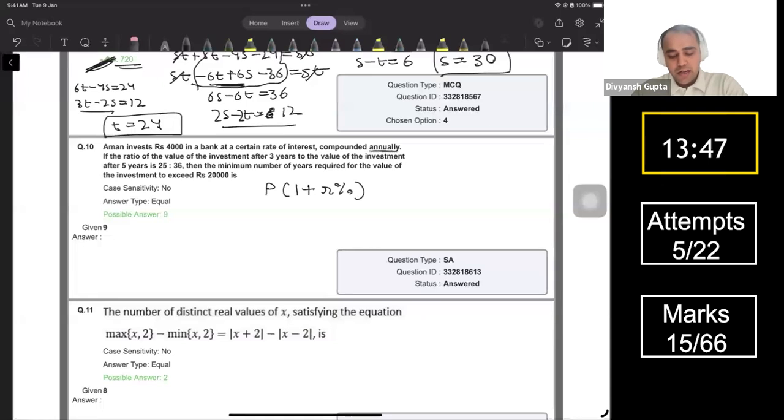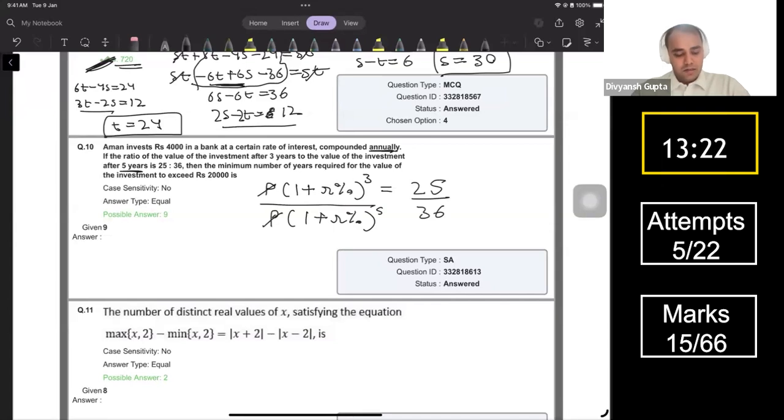This is compounded annually and we are dealing in years only, so I can write it directly. The value after 3 years divided by the value P(1 + R%)^5 is equal to 25 by 36. So P is actually not relevant for the first part.